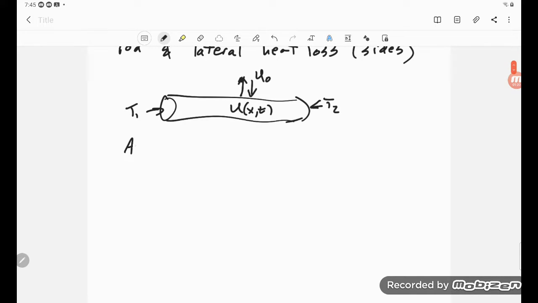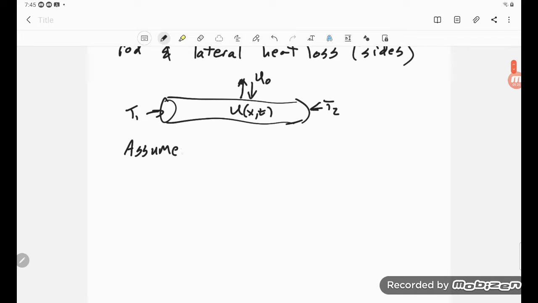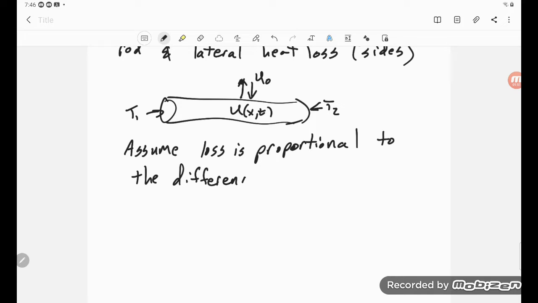Now, what we assume, and this goes back to Newton's law of cooling and so forth, assume loss is proportional, and it's actually a rate of change of loss, I guess, is proportional to the difference of U and U0.